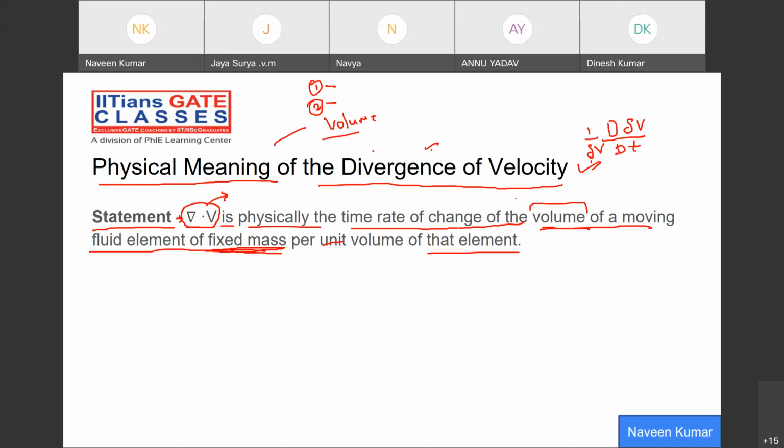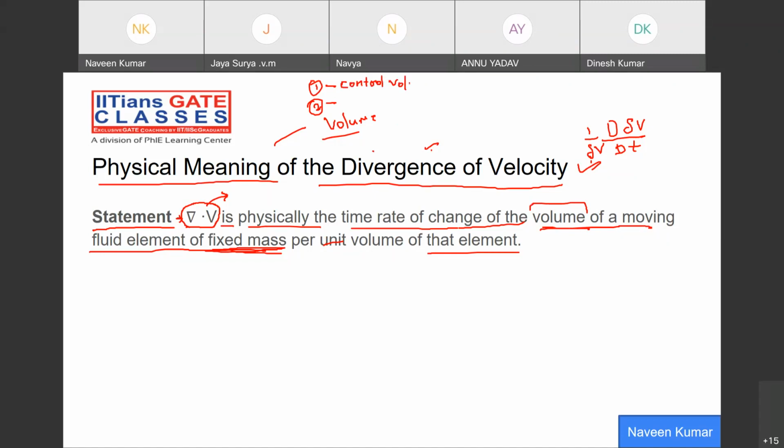Infinitesimal. Okay, anybody else? Here you can see we are talking about a fixed mass, and we are talking about the volume, right? An infinitesimal volume is just a point. You cannot show your volume. Am I right? Yes, sir. So I can take the model that will be the control volume approach.